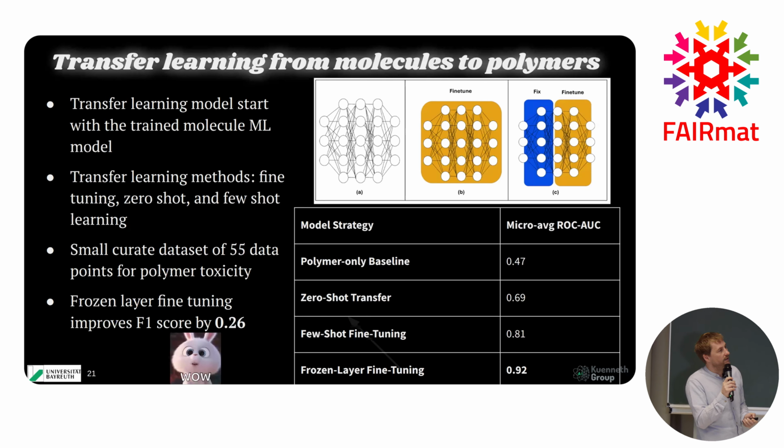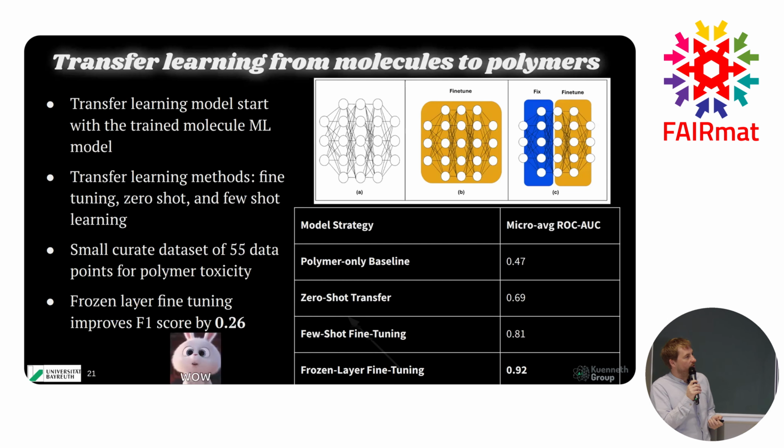We did zero-shot learning, where we essentially just use the molecule model to do predictions in the polymer space. We did few-shot learning, and we also did fine-tuning in two different ways. In one case we just unfixed the entire network. In another, we fixed some of the layers and then just fine-tuned other layers in that new network.